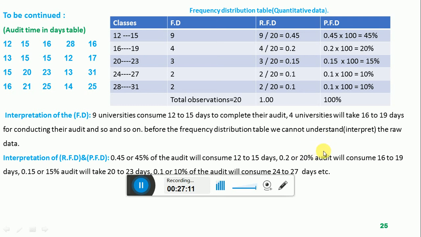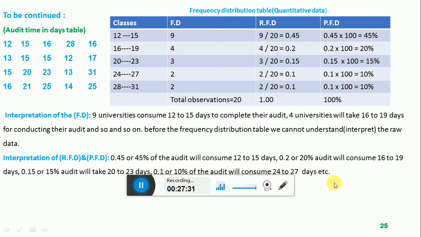This is the interpretation of the relative frequency and percent frequency of the second class. Now the interpretation of the third class: 0.15 or 15% of the audits will take 20 to 23 days. 0.1 or 10% of the audits will consume 24 to 27 days.